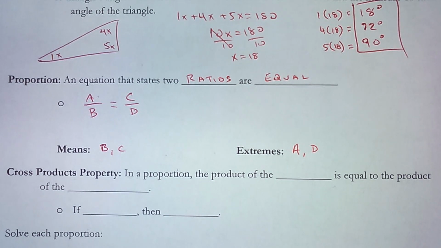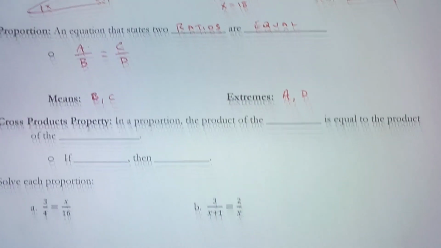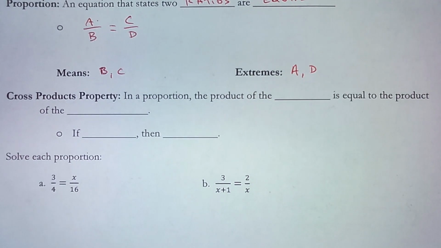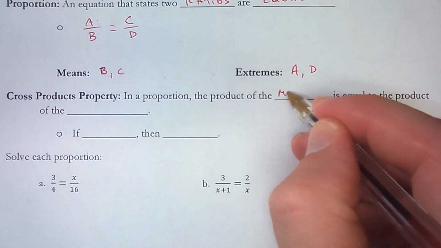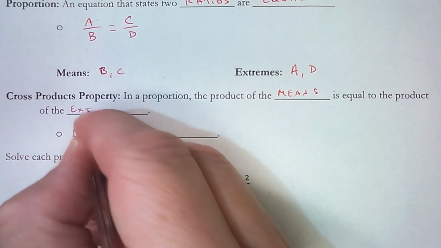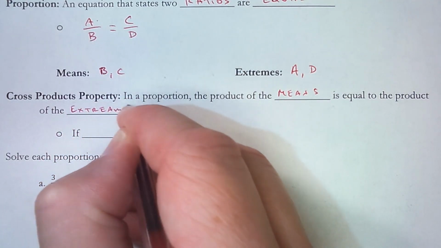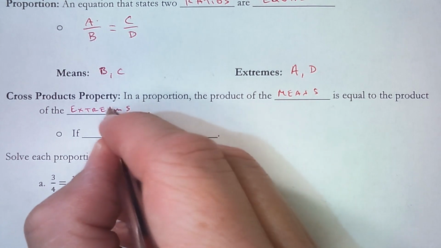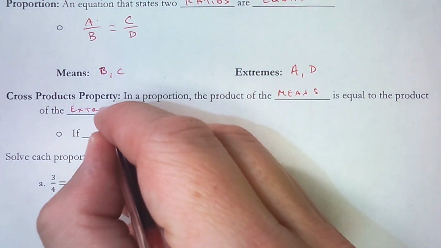But the first thing we need to know about proportions is the cross products property. In a proportion, the product of the means is equal to the product of the extremes. I don't need an A there.